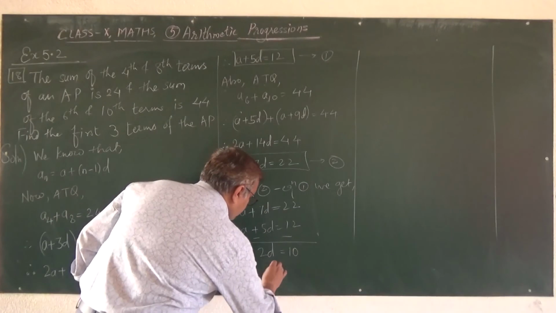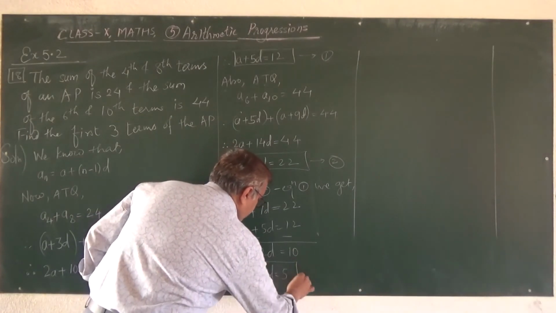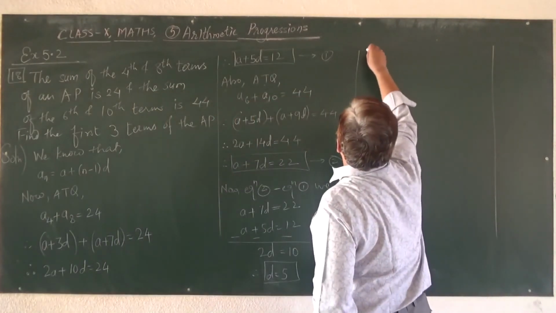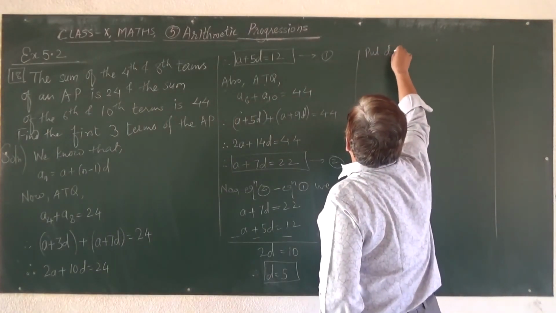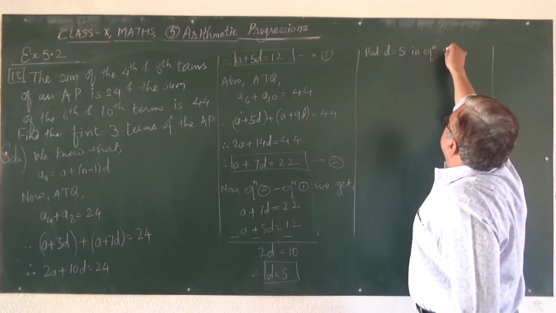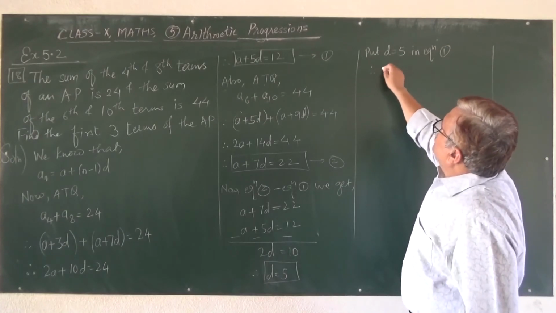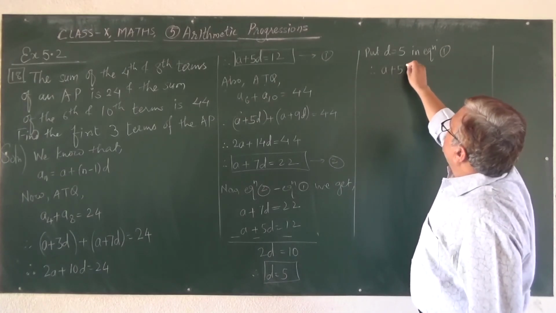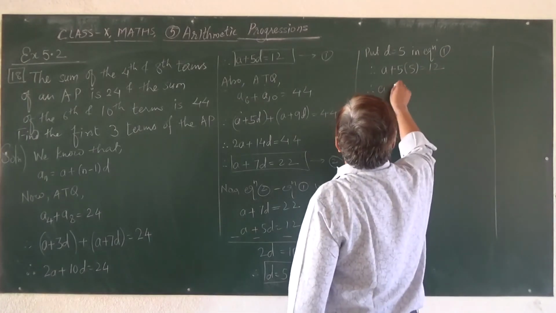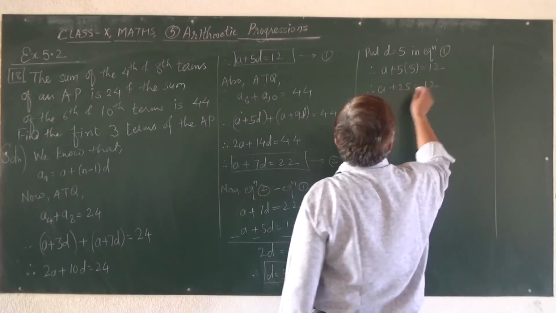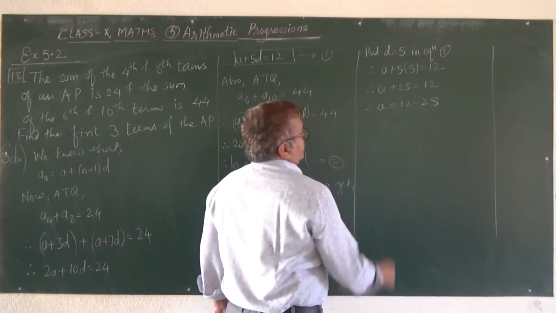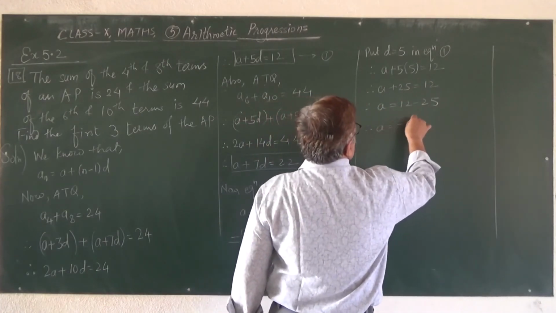Therefore, the value of d is 5. Now put d is equal to 5 in equation 1. Therefore a plus 5 into 5 is equal to 12, so a plus 25 is equal to 12. Therefore a is equal to 12 minus 25, so a is minus 13.